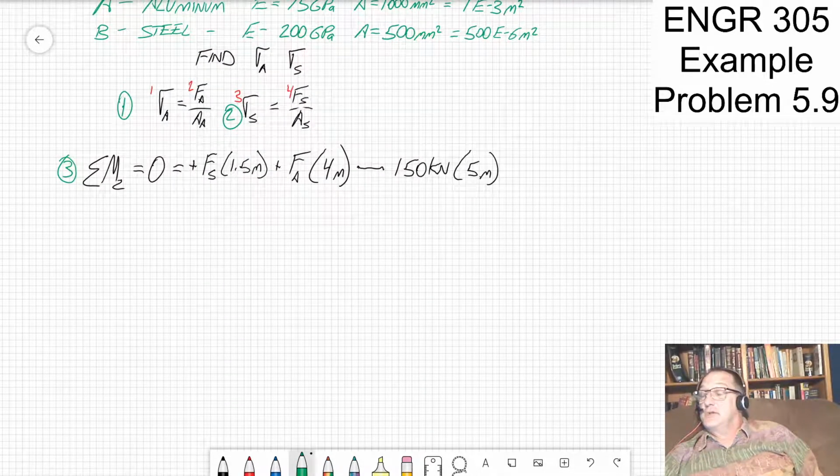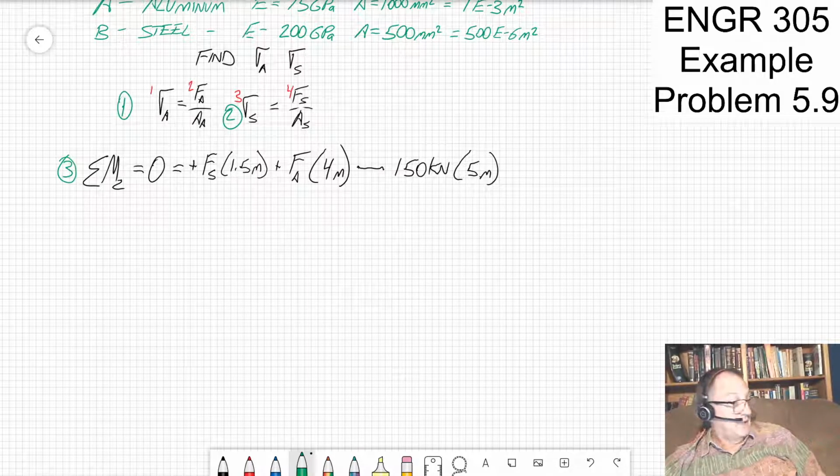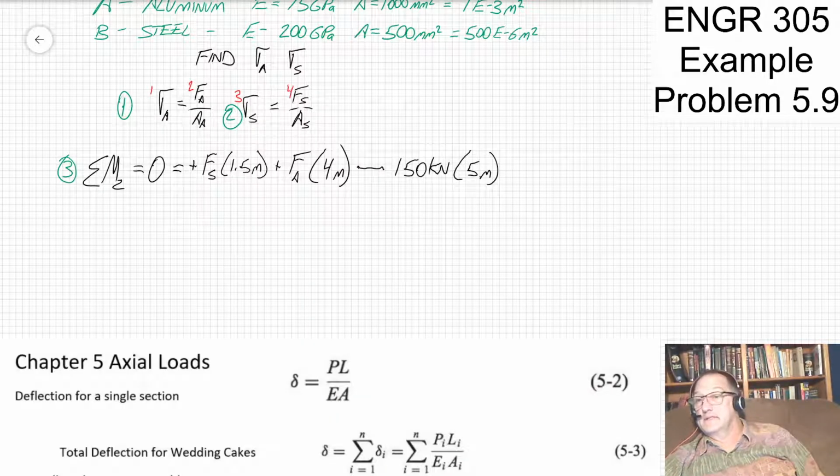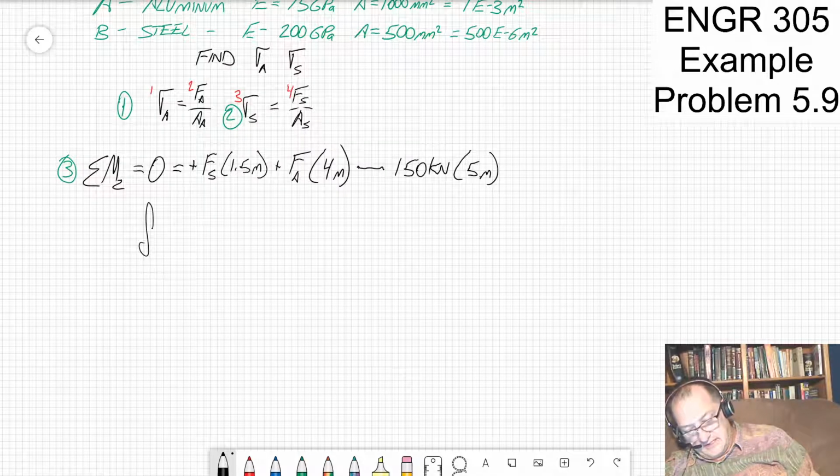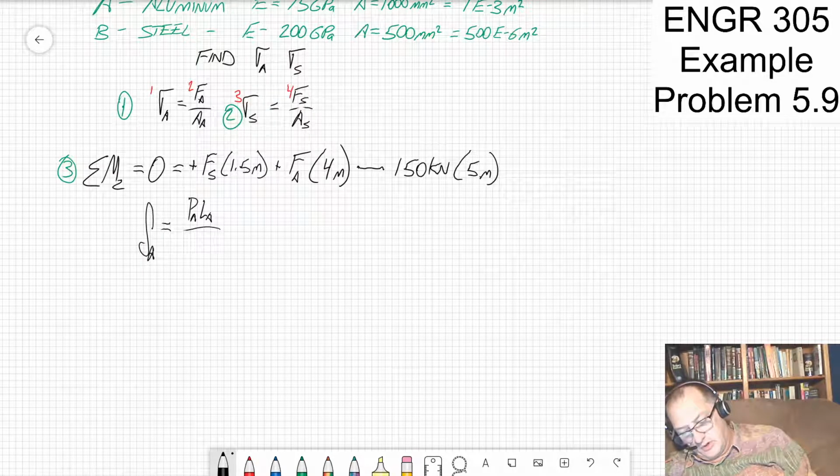So you know what the next 2 equations are. They tie back to delta equals PL over AE. That is, delta in the aluminum is equal to P of the aluminum, L of the aluminum over area of the aluminum, E of the aluminum.